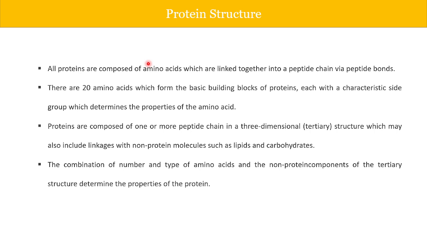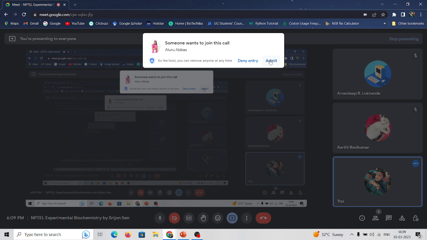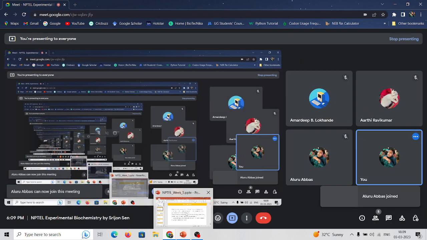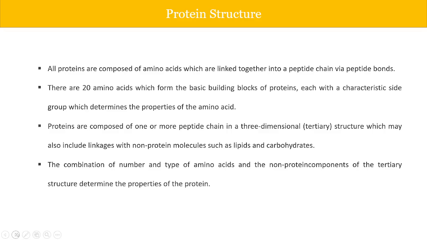So speaking about the protein structure, as you all know, all the proteins are composed of amino acids which are linked together into a peptide chain via peptide bonds. We have seen how these peptide bonds are formed in the last class.